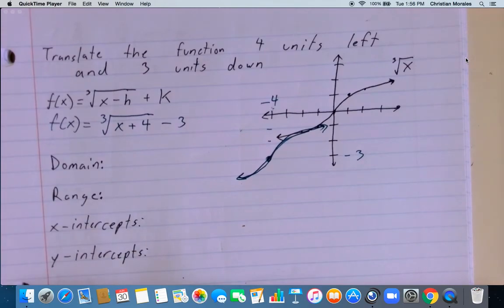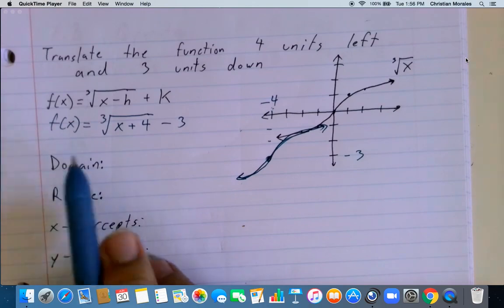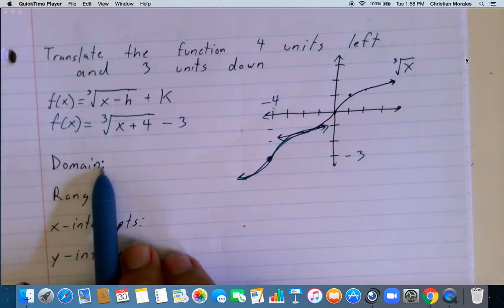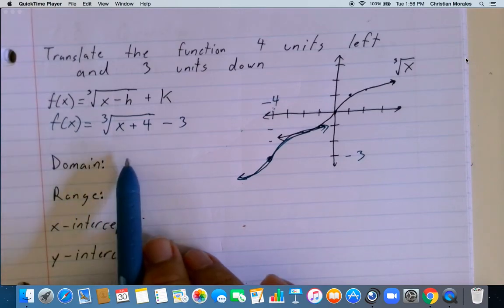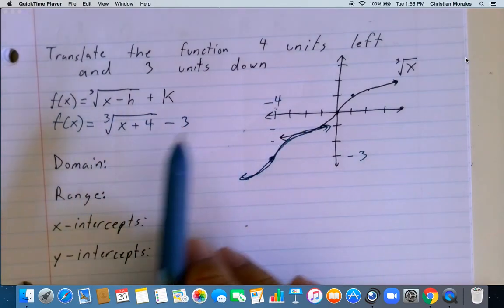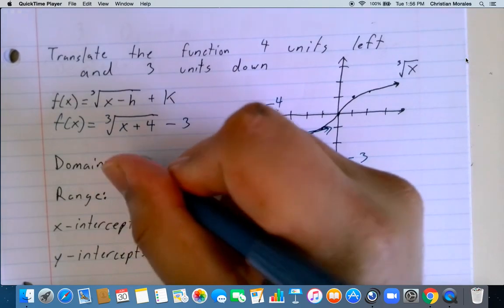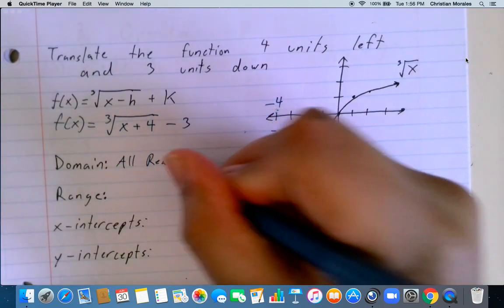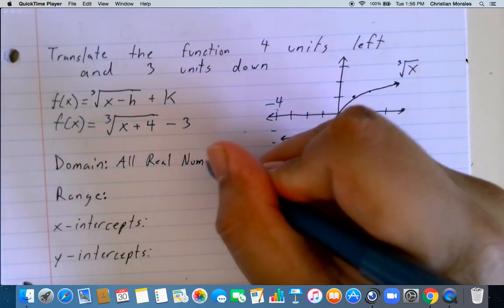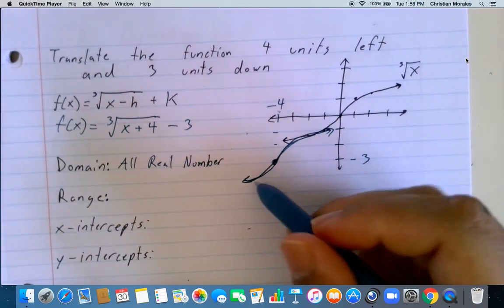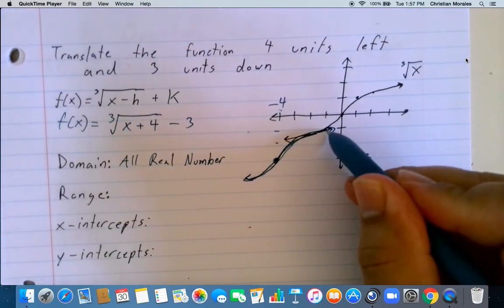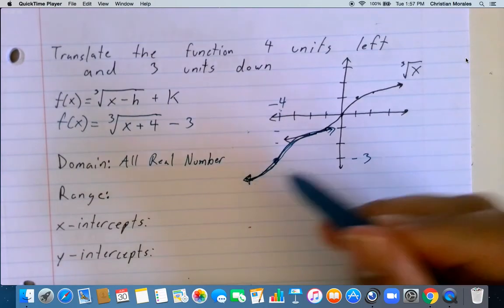Now let's talk about domain and range here for a second. Domain and range is basically when you are telling me what x values you can use. And guys, the good news is for both of these, domain and range, it is all real numbers. Because you're going in the positive and the negative direction, even after it's moved, it's still going up and it's still going down.